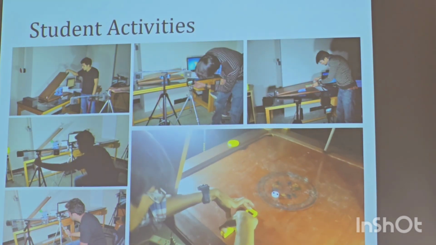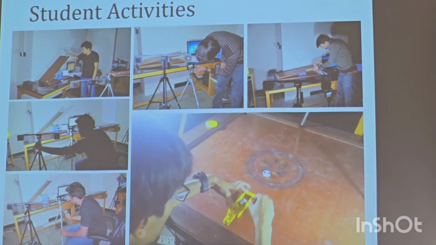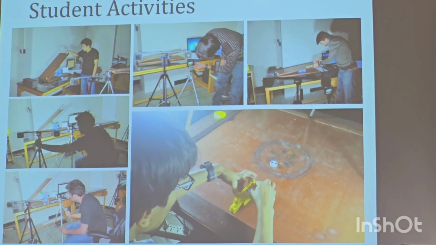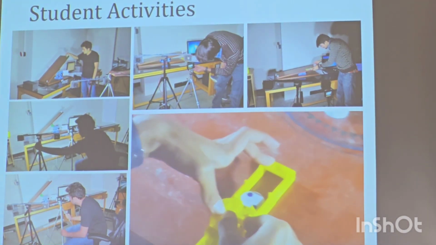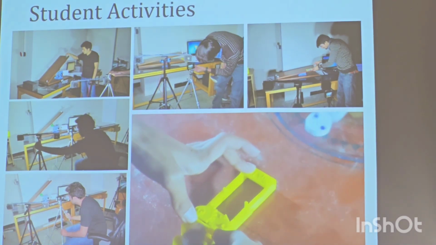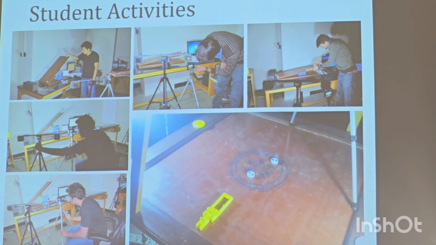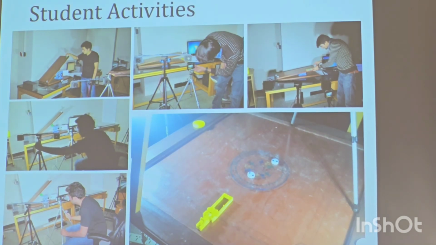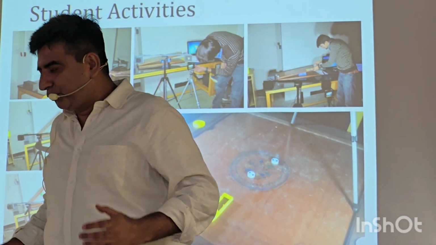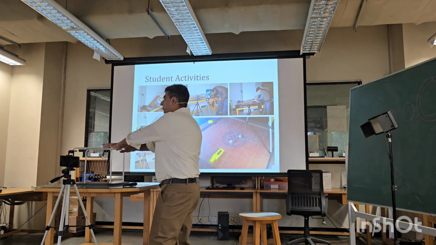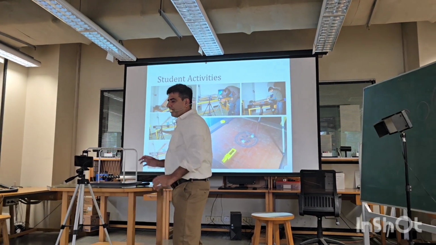Now this slide, this is a sequence of different kinds of experiments that our students generally do, and some of our master students engage in this laboratory to a deeper extent. So basically what we have is, how do we do experiments of this kind? We have an object or a phenomenon that we would like to observe.